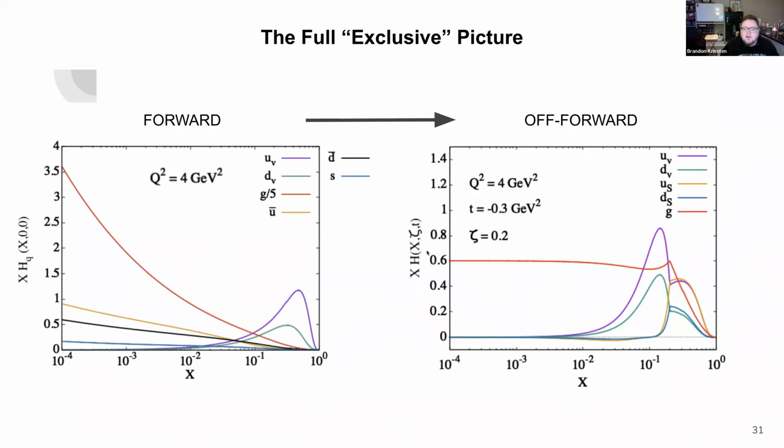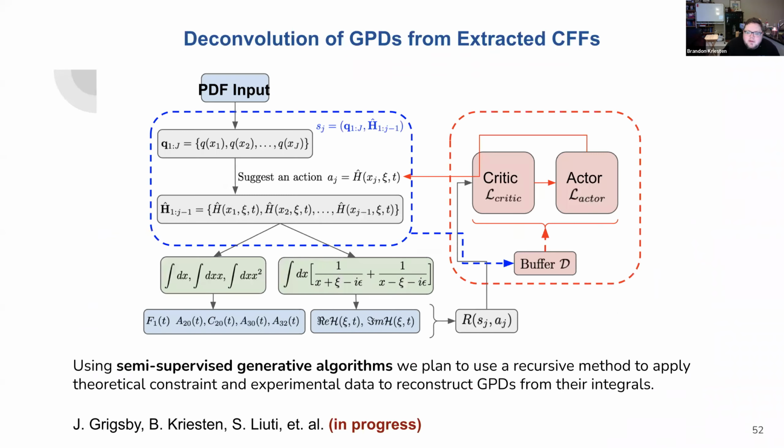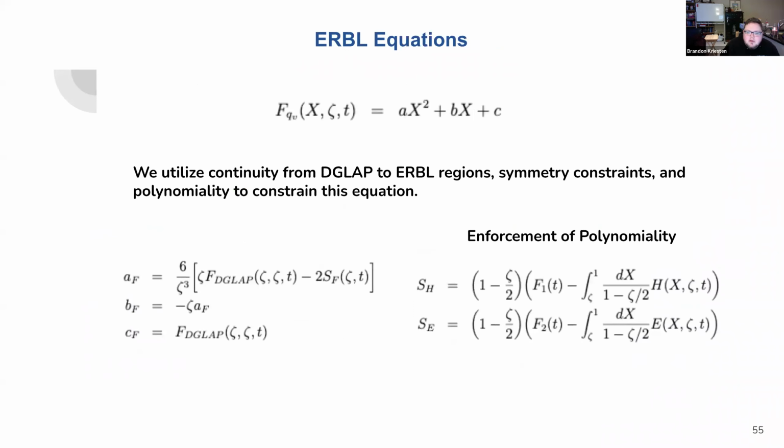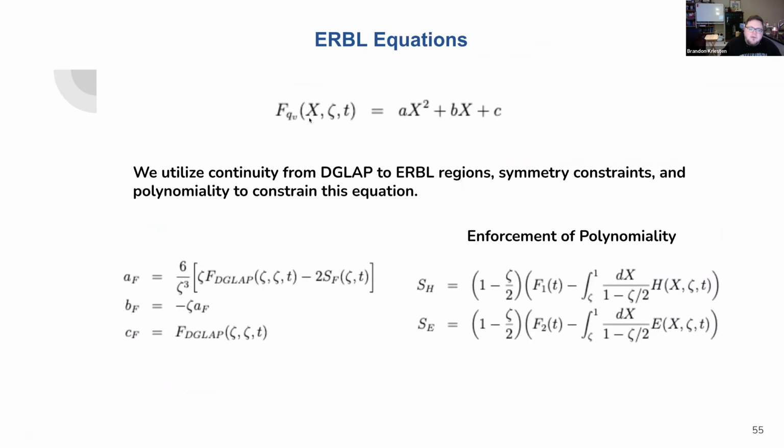So let me see if I have a backup slide here. This might be easier. Yes, okay. So this is the valence quarks, but because the valence quarks and gluons have these same symmetries, you can just replace the argument that I'm about to say with these equations. This is how we model, for instance, the ERBL region for the gluons: we have an x squared term, an x term, and then a constant piece, because we know it has to be symmetric about x equals zeta over 2, which is little x equals 0.